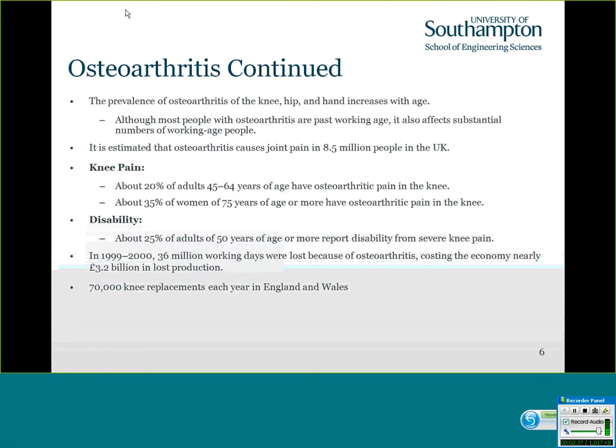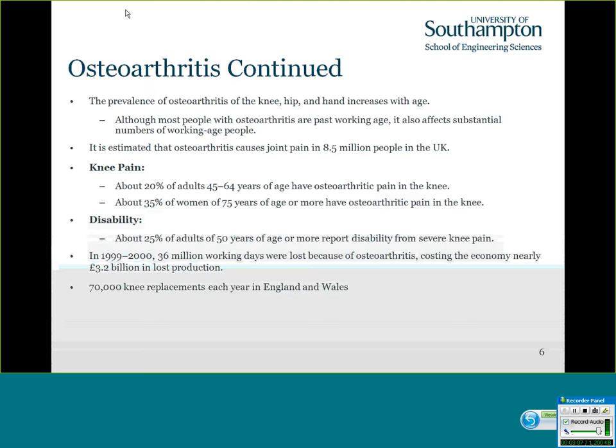Just to highlight the problem that osteoarthritis causes, especially within the UK, it's estimated that osteoarthritis causes joint pain in 8.5 million people in the UK, and about 20% of adults aged 45 to 64 have osteoarthritic pain in the knee, and about 35% of women over 75 have osteoarthritic pain in the knee.